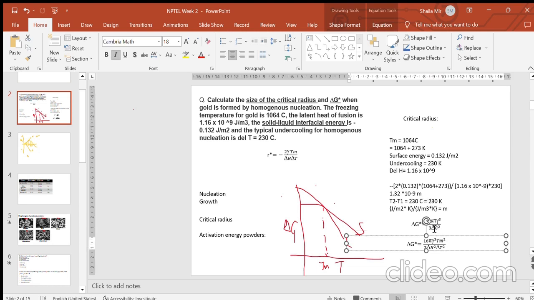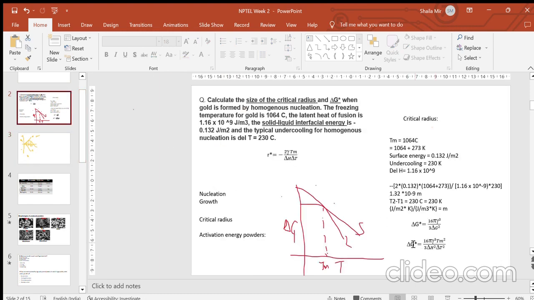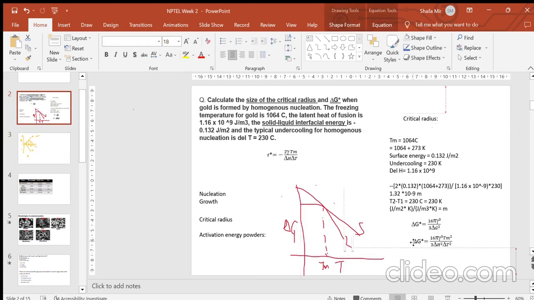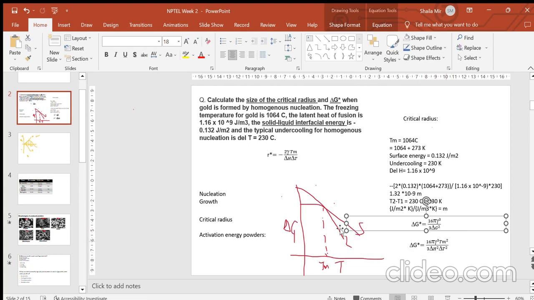This delta G is the Gibbs free energy for the formation, the volume free energy, which is written here. So we can now convert it into the form of latent heat of fusion and temperature. How is it done?